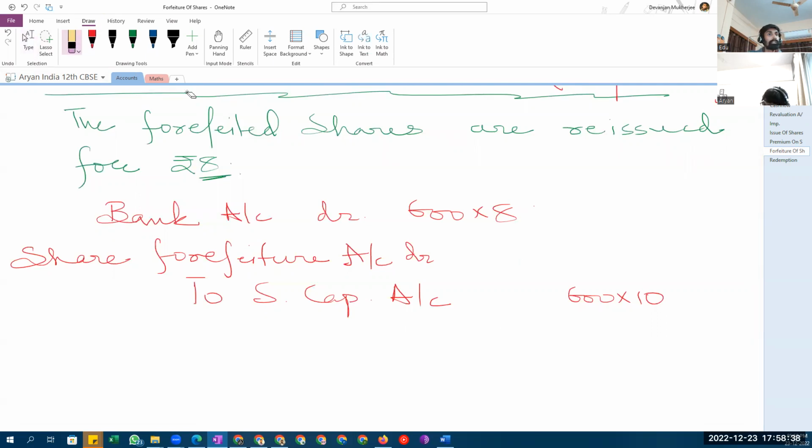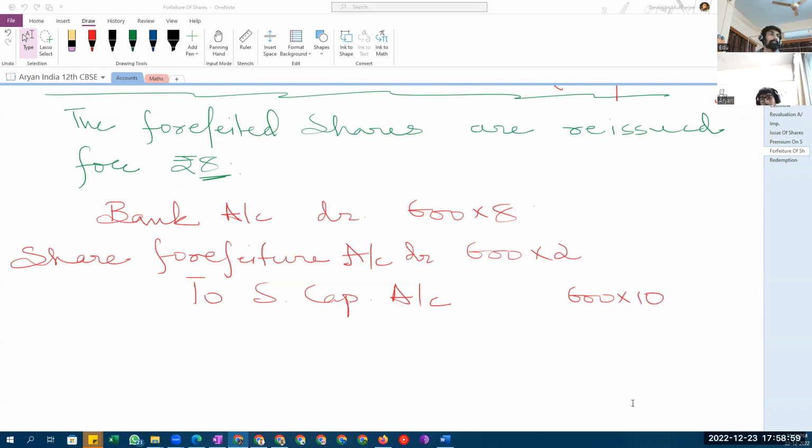So that is the part which is add on here. So then 600 into 2 will be taken out from the share forfeiture account. So this is the reissue entry, but now there is one more entry.